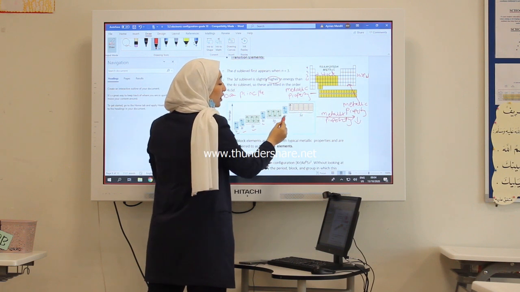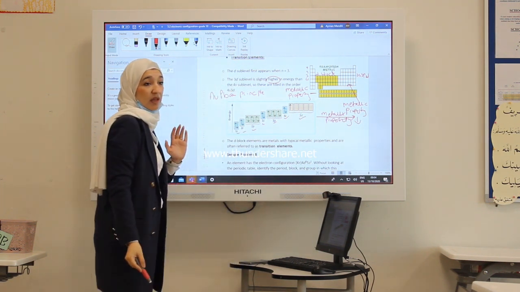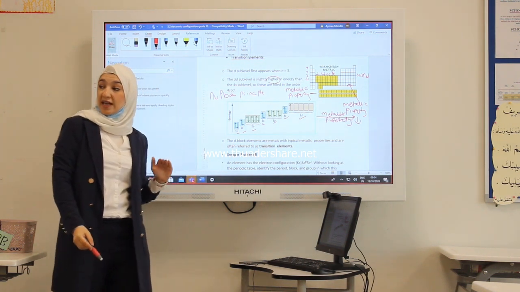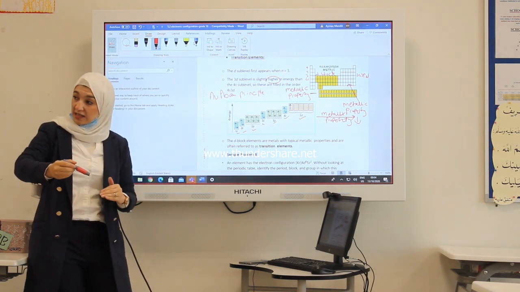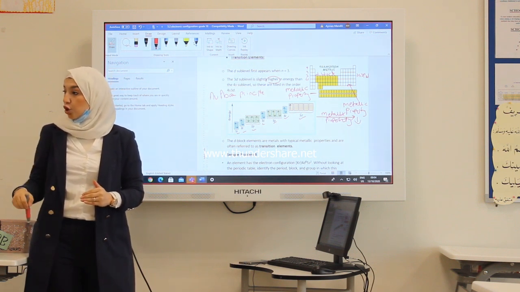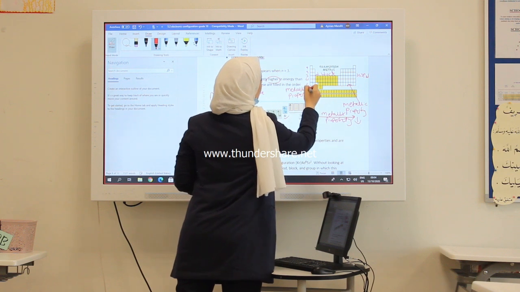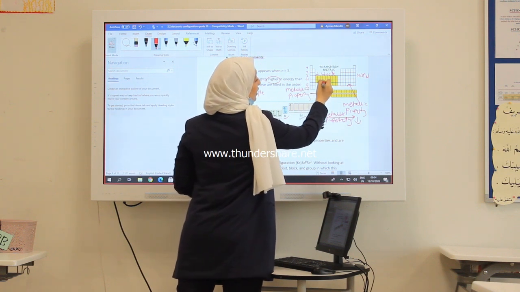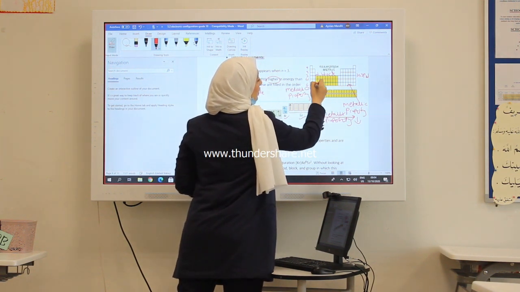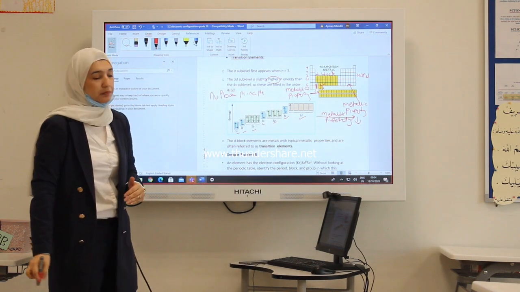No, they found that the 4s is lower in energy than 3d. That's why we fill 4s, 3d, 5s, 4d, 6s, 4f, 5d, and so on. And between the 6s and the 7s and the 5d, what do we find here? The 14, the f block, right?